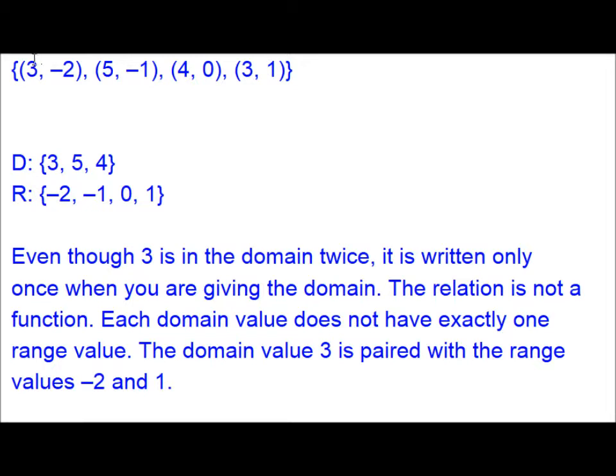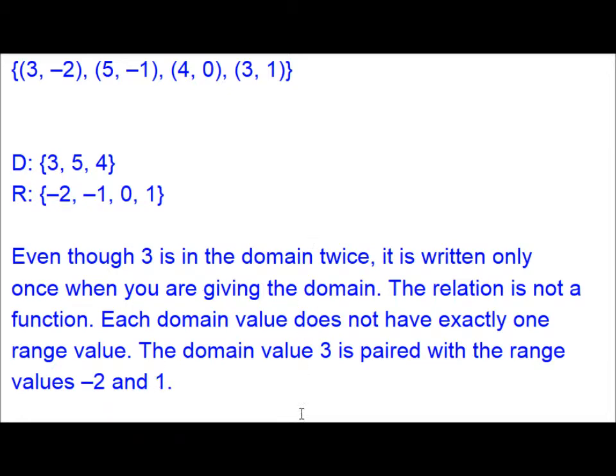So 3 corresponds to two numbers in the range, or y values, that is -2 and 1. So this is not a function. Each domain value does not have exactly one range value. The domain value 3 is paired with the range values -2 and 1.